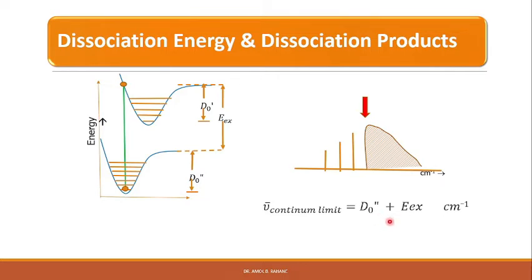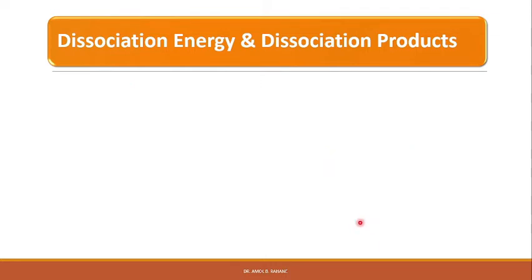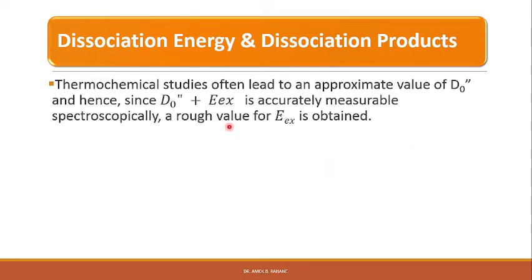So there are several ways in which the total energy D0'' plus E_XE may be separated into its components, and we can see two such methods from which we can deduce the energy. Firstly, thermochemical studies often lead to an approximate value of D0'', and hence, since D0'' plus E_XE is accurately measurable spectroscopically, a rough value of E_XE is obtained from this process.